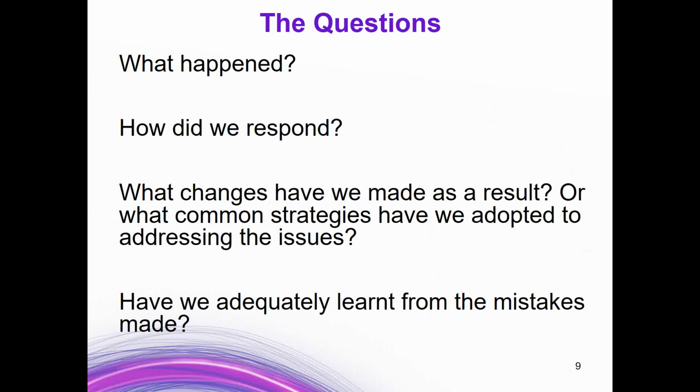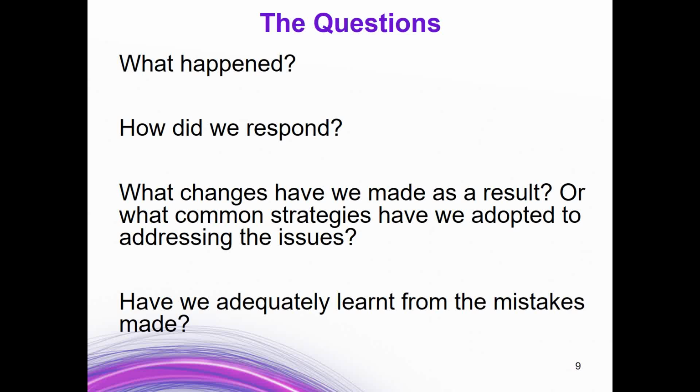Have we put in place strategies to avoid similar situations in the future? A lot of the time the answer is not quite. And then we ask, what common strategy have we adopted to address the issues? By asking those questions, we start to explore the real reasons, the root cause of all the problems.